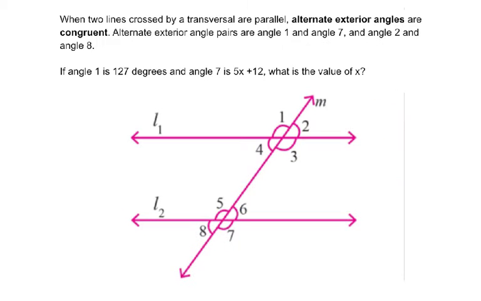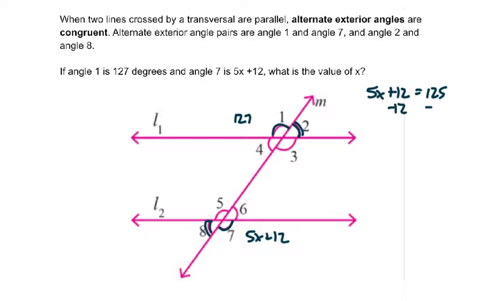It's also true that the alternate exterior angles are congruent. So 2 and 8 are equal to each other, and 1 and 7 are equal to each other. They said angle 1 is 127. They said angle 7 is 5x plus 12. So I said those are equal to each other. 5x plus 12 equals 127.